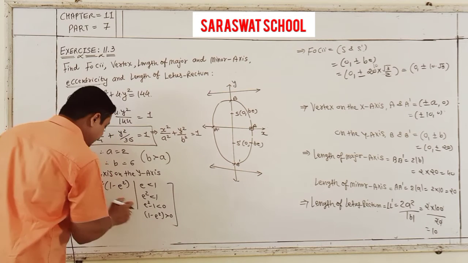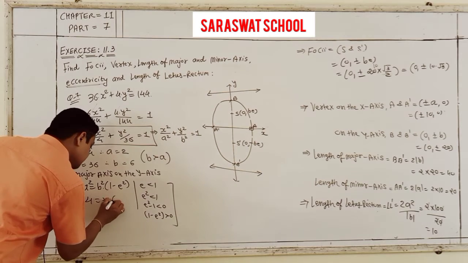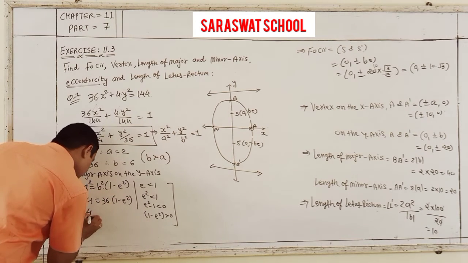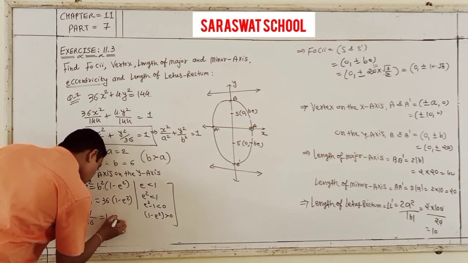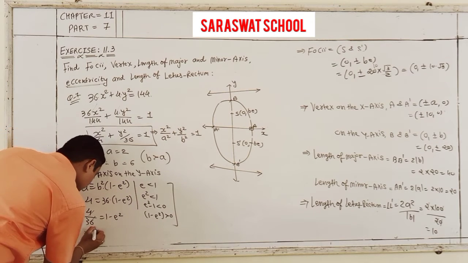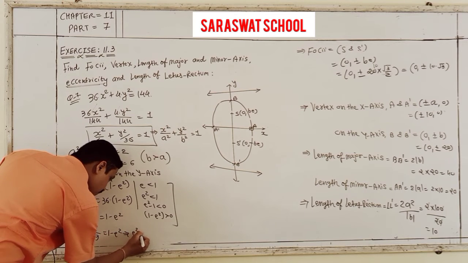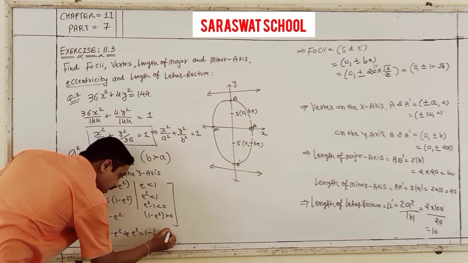Now attach your data here. A square 4, b square 36, so 4 by 36, 1 minus e square, this cancels, 4 nines are 36, so 1 by 9. So your e square becomes 1 minus 1 by 9, it is 8 by 9.